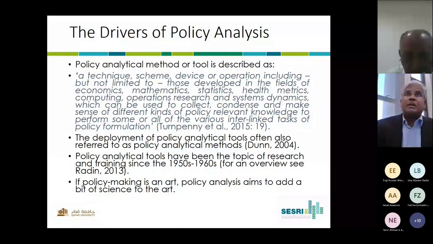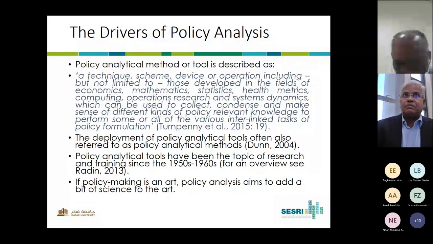So the policy analytical method or tool, definitionally, is described as a technique, a scheme, a method, a device, an operation framework, including but not limited to those developed in the fields of economics, mathematics, statistics, health metrics, computing, operation research, and system dynamics.